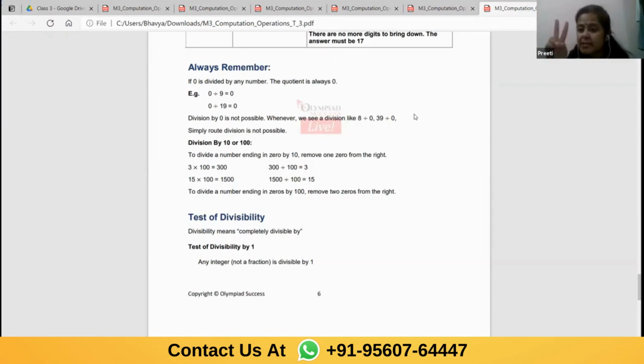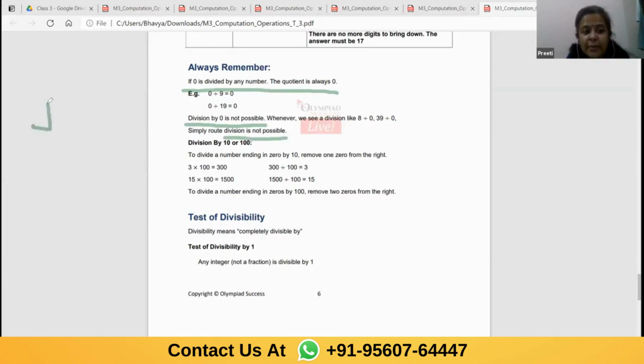So there are 2 things. You can divide 0 by any number. When you divide 0 by any number, then the quotient is always 0. See, read this statement: if 0 is divided by any number, the quotient is always 0. But if you try to divide some other number by 0, then that is not possible.